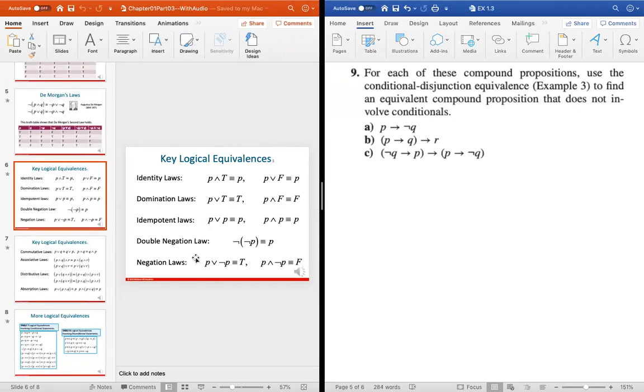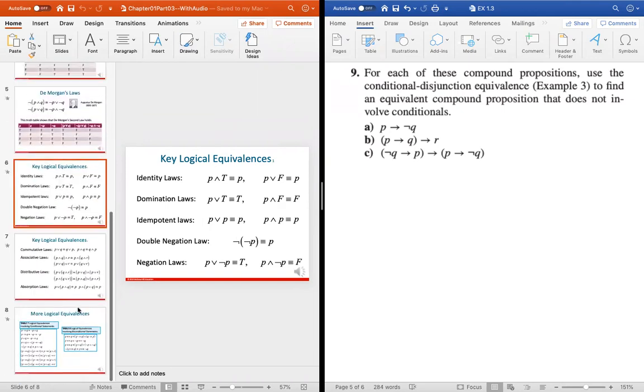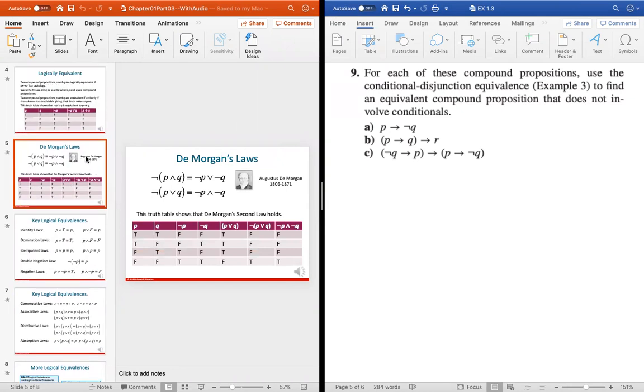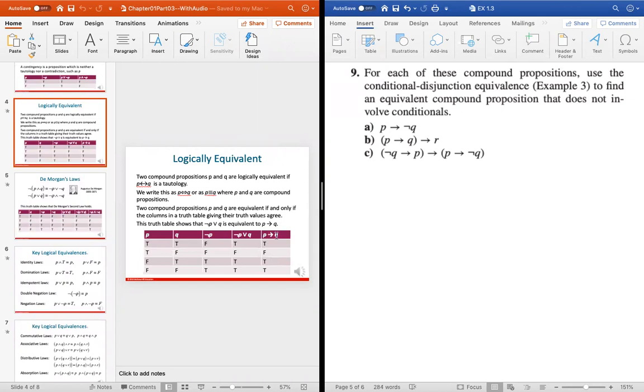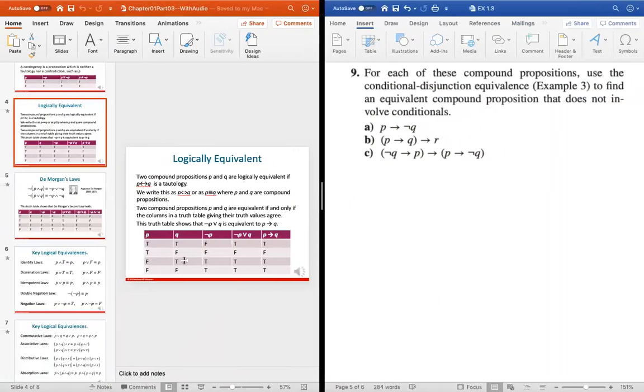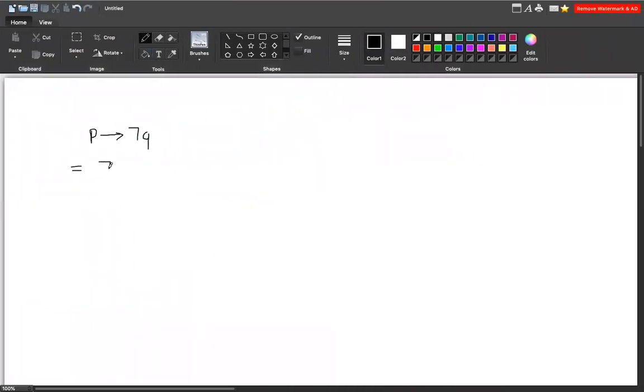the logical equivalence. So here, P implies Q is logically equivalent to negation of P or Q. So this statement over here can also be written as negation of P or Q. If I have to convert this statement using that rule, this becomes negation of P, and then this becomes or, here negation, and then, sorry, double negation.